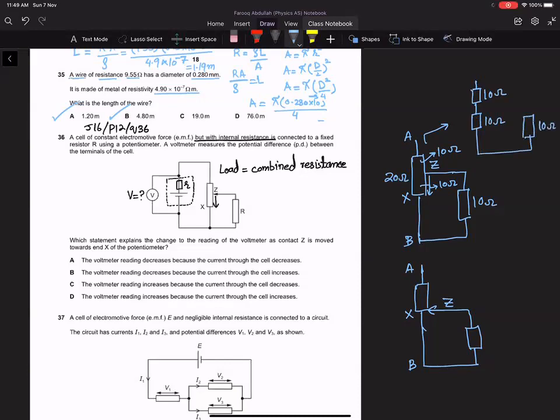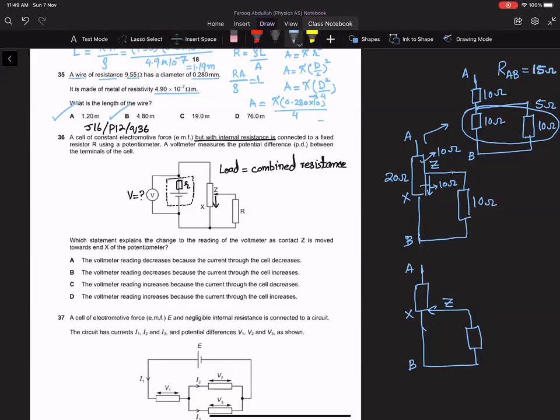This is also 10 ohm. The circuit will become like this. And the combined resistance between AB will become, the resistance of this part will be 5 ohm. And for the series circuit, the overall resistance AB will become 15 ohm.